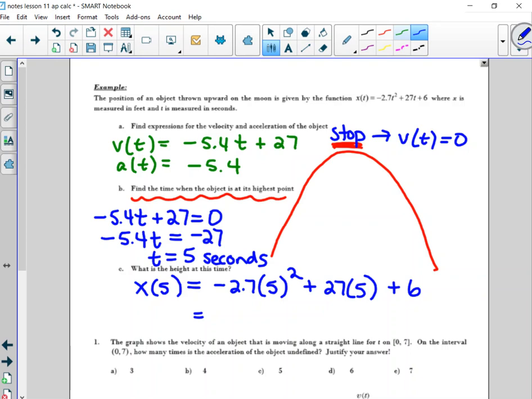Another option on this, as weird as it's going to sound, is, as far as the AP exam goes, if this is a free response question, that's actually considered an okay answer, just like that. Completely unsimplified. I know that seems completely crazy, but that is considered an okay answer, and that would be in feet. However, if you do calculate that out, that's 73.5 feet.